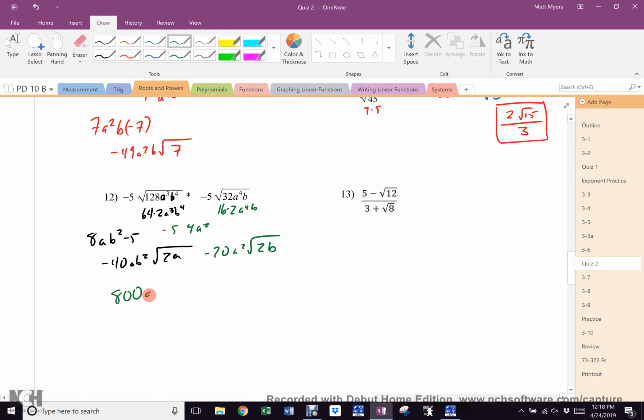A times A squared is A cubed. B squared. Root 4AB. If you got to there, you get 2, because, of course, 4 has a square root. What comes out? 2 to get 1,600 A cubed B squared root AB. Let's go!